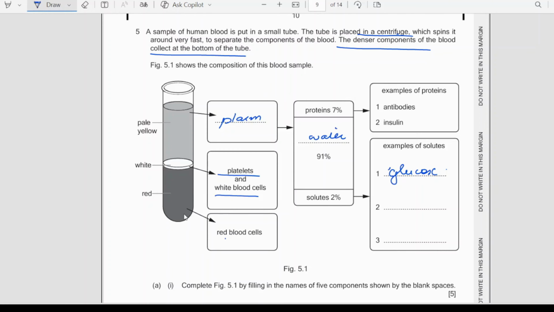So just why red blood cells are more dense. I've already told you the reason why they're more dense than the white blood cells. Hemoglobin. The reason is hemoglobin. What is present in hemoglobin that makes it dense or heavy?